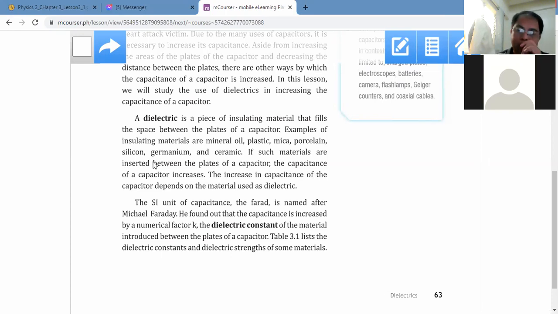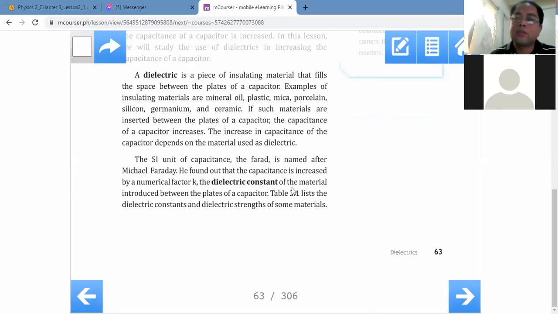So germanium and silicon are semiconductors; they act like a conductor, and they also act like an insulator at times. When you insert this into your capacitor, you will increase the capacitance of the capacitor, depending on the material or dielectric that you actually use. So basically, that's the significance of a dielectric.